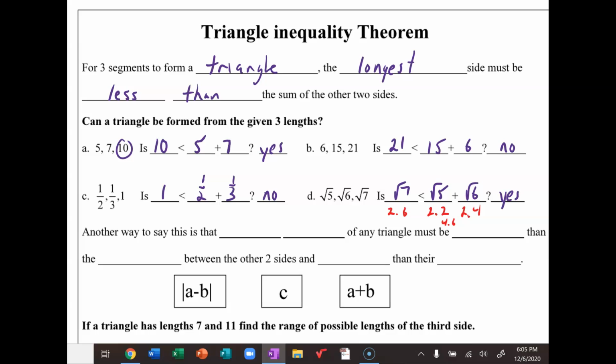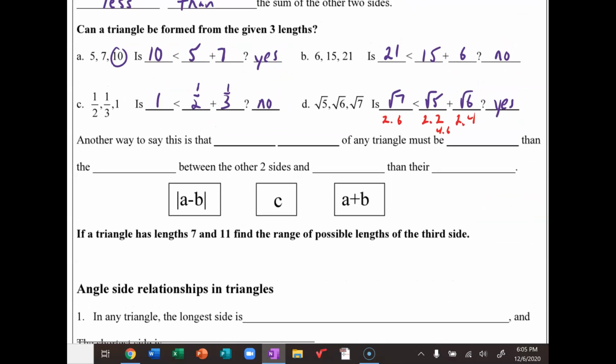All right? Now, there's another way to say this. Another way to say the same thing is that each side of a triangle must be less than the sum of the other two sides and greater than the difference.